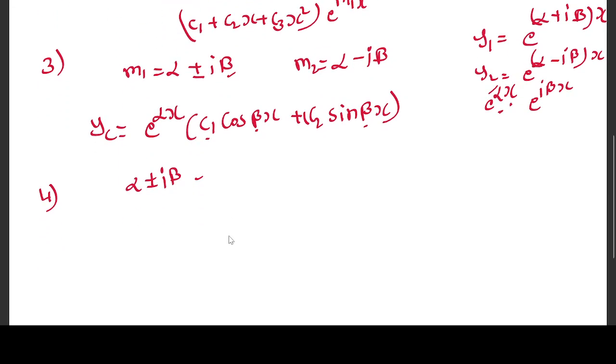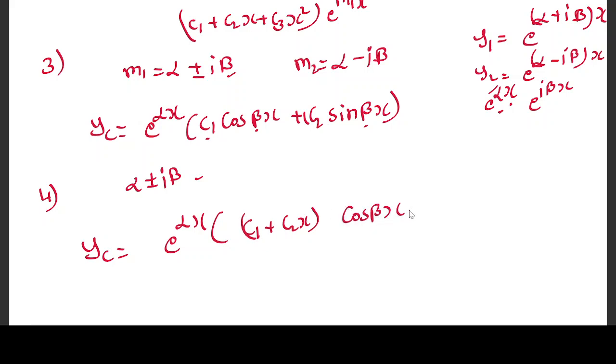In this case, we can write the complementary function yc is equal to e power alpha x into c1 plus c2x into cos beta x plus c3 plus c4x into sin beta x. This is another case of determining the complementary function.